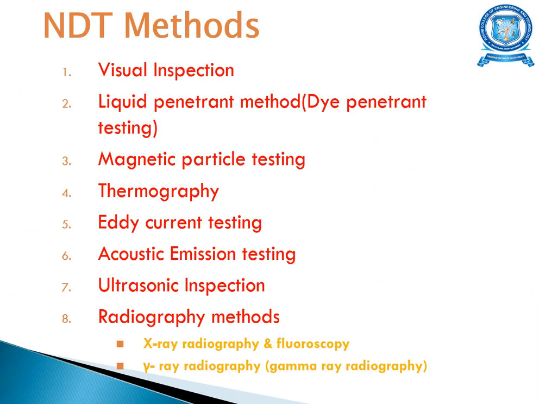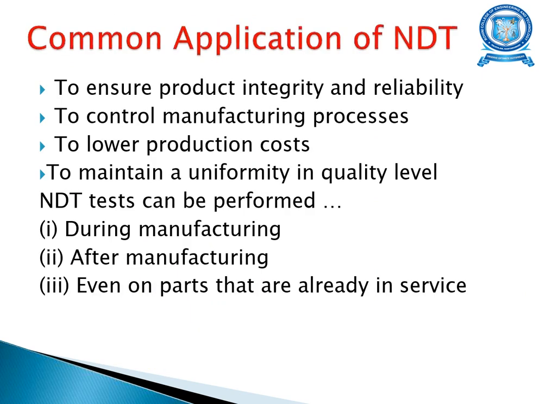Visual inspection will be studied in the first unit, and liquid penetrant and magnetic particle testing will be studied in the second unit. Thermography and eddy current testing will be studied in the third unit, and acoustic emission and ultrasonic inspection in the fourth unit. The fifth unit will cover the radiography methods.